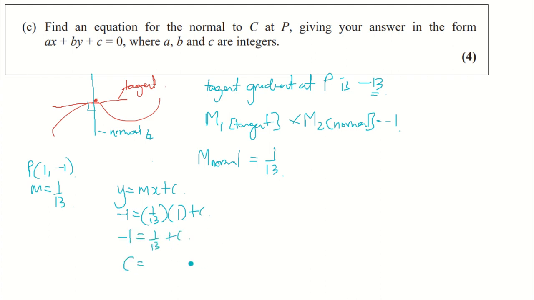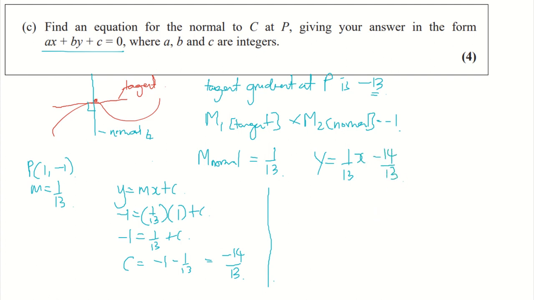Therefore c equals negative 1 minus 1 over 13, which gives minus 13 minus 1, so minus 14 over 13. Now you have to change it into the required form. So y equals 1 over 13 x minus 14 over 13.